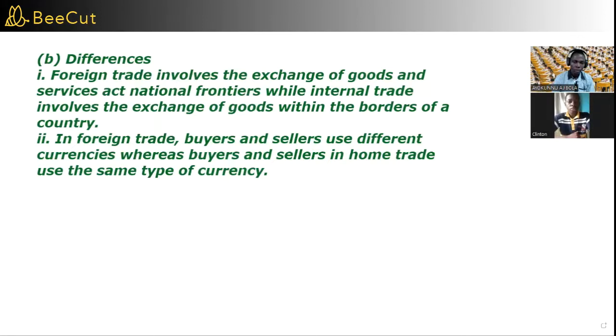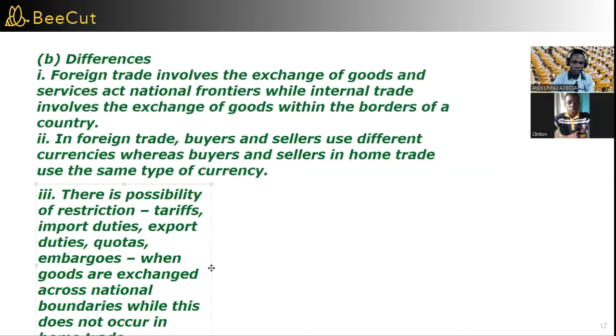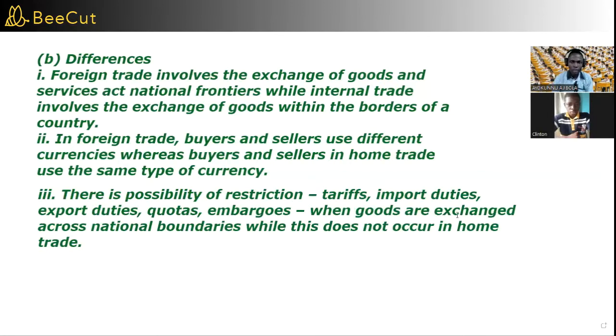Then let's go over more. The third one says there is possibility of restriction of trade, or like embargo. And that's what we talked about in free trade, that there's no embargo. If there's no embargo, then that type of trading is called free trade. So this one says there is possibility of restriction, like placing tariff, import duty, export duty, quotas, embargoes, and so on, when goods are exchanged across national boundaries, while this does not occur in home trade.